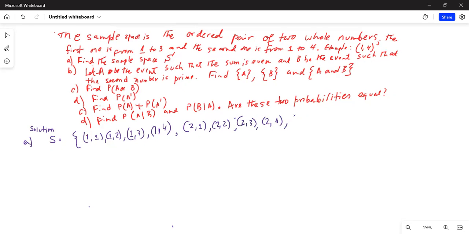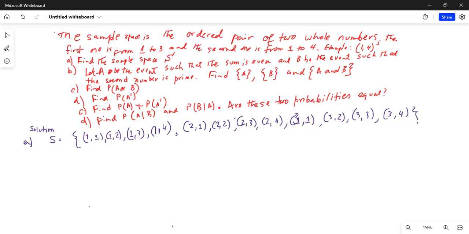And then the first number is 3: (3, 1), (3, 2), (3, 3), (3, 4). We will stop here because the first number is only from 1 to 3, and we have exhausted all the cases.